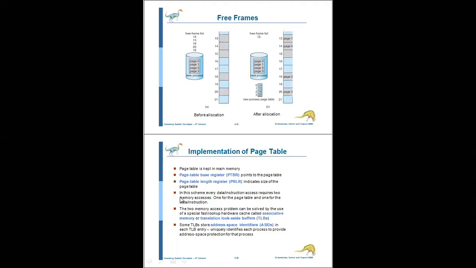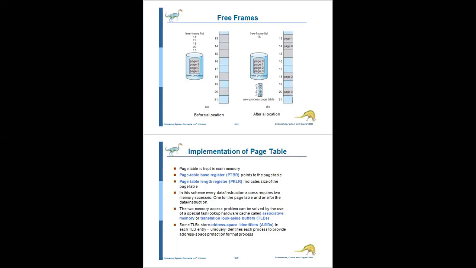To overcome that, we use a special fast lookup hardware cache, called associative memory or translation look-aside buffer. That is nothing but the TLB.